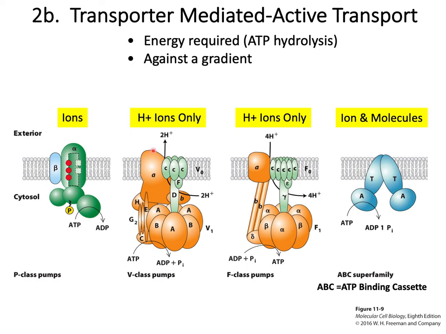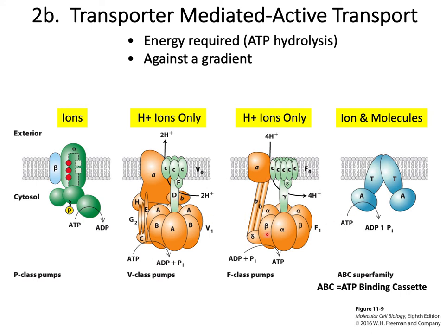The V-class pump couples ATP hydrolysis to transport protons against the concentration gradient, and generates a low pH for plant vacuoles, lysosomes, and other acidic vesicles in animal cells by pumping protons from the cytosol into those organelles or vesicles. So these are proton pumps that increase acidity in a certain part of the cell, particularly in an organelle or a vacuole.